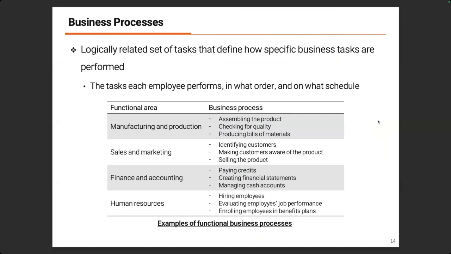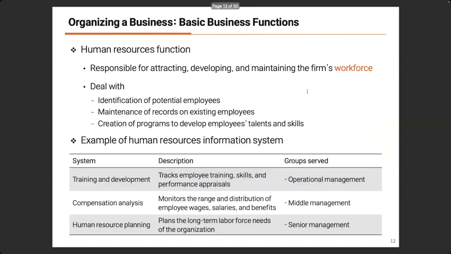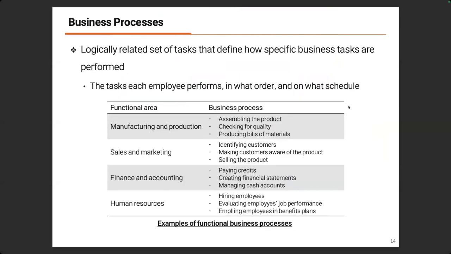So every business can be seen as a collection of these kinds of business processes. These are examples of business processes for each functional area. A functional area means the four basic business functions. For the manufacturing and production function, there can be business processes such as assembling the product, checking for quality, and producing bills of materials.